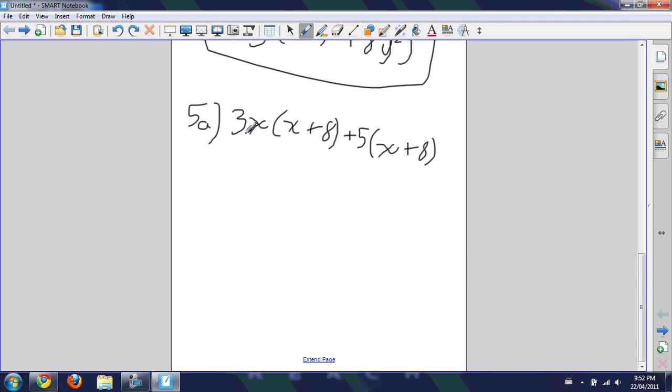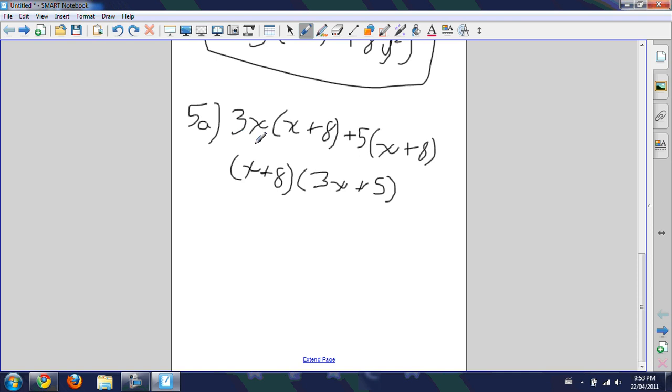And so just by looking at that, I know that these two brackets are the same, so I can put it together. So it'll be x plus 8, the other bracket would be 3x plus 5.